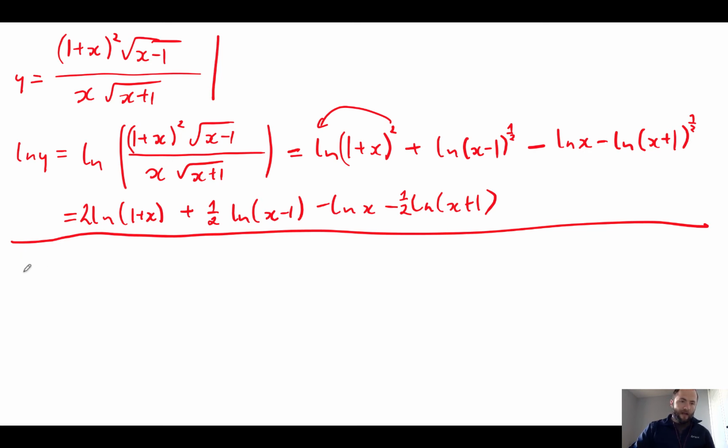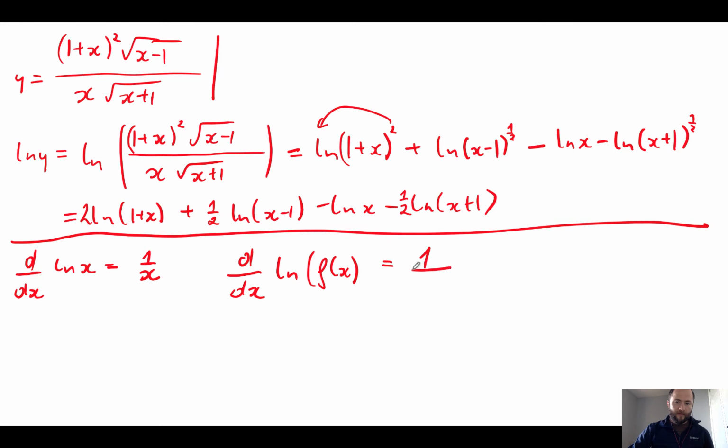Now, d/dx, the derivative of ln of x, is simply 1 over x. A little bit more generally, if I have d over dx by the chain rule of ln of, let's say, some function of x, f of x, that's going to turn into 1 divided by f of x multiplied by d/dx of f of x.